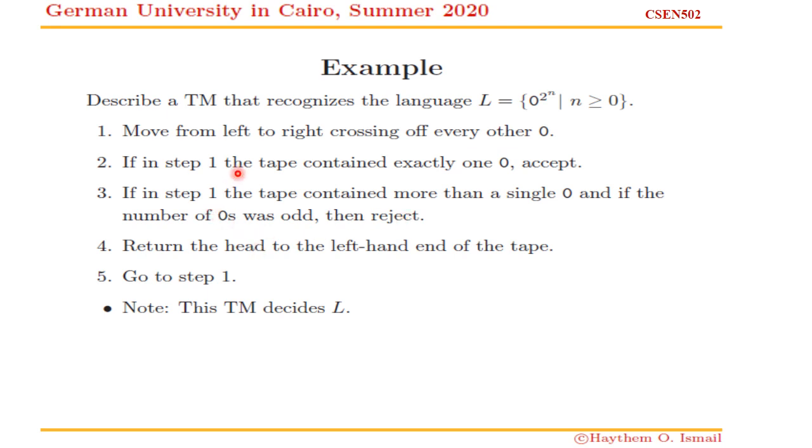When you're done with this, you return the head to the left-hand end of the tape, then you repeat this again. Now, of course, if you look at this Turing machine, it will definitely halt at some point, right? You will either reach a single 0 on the tape or an odd number of zeros on the tape other than 1. And in that case, you will either accept or reject, so it will never run forever, and therefore this machine decides this language.